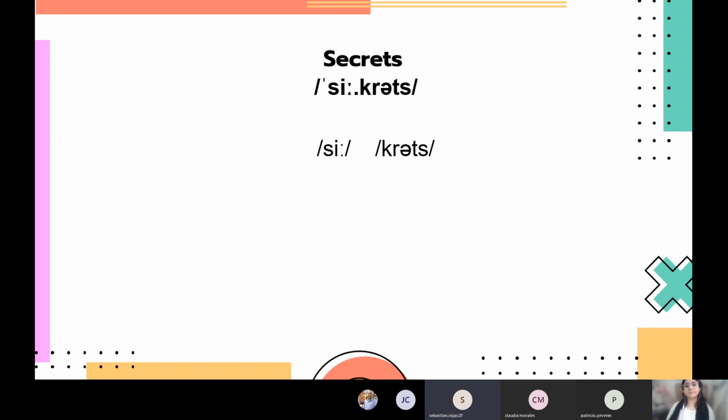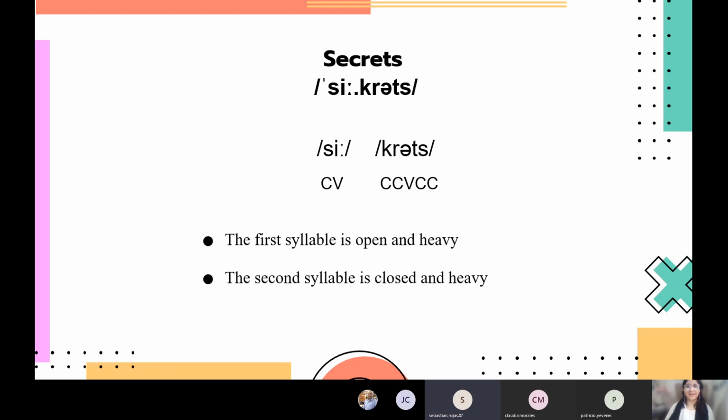In the first one, I think it's an open syllable. It's consonant vowel. And it's heavy. It's a heavy one. You are correct. In this case, the first syllable was CV, and the second syllable was CVCC. The first one is open and heavy, and the second one is a closed and heavy syllable.